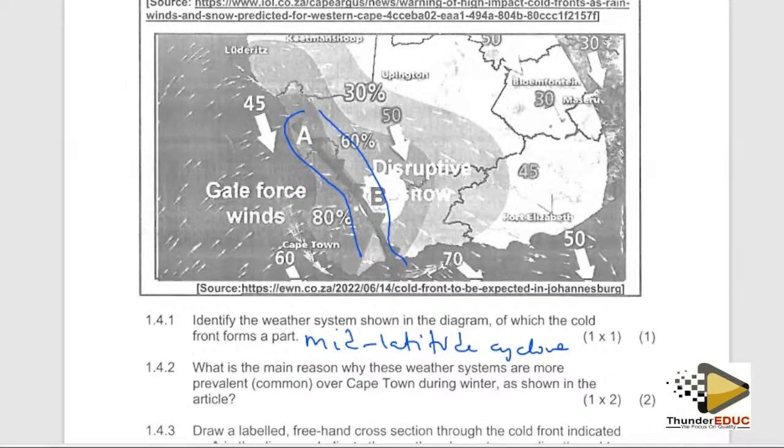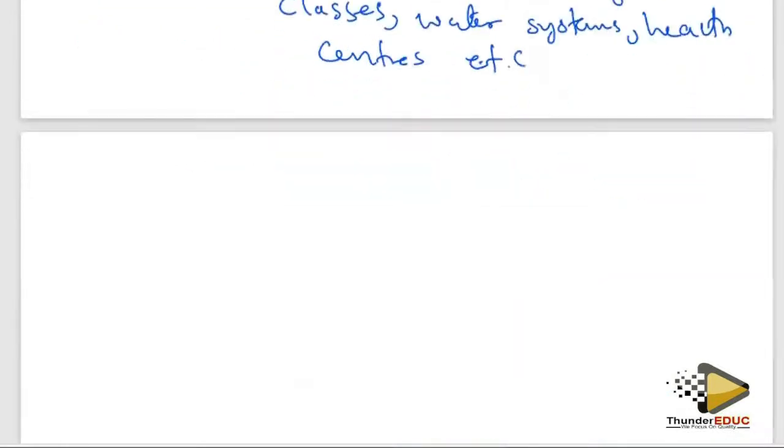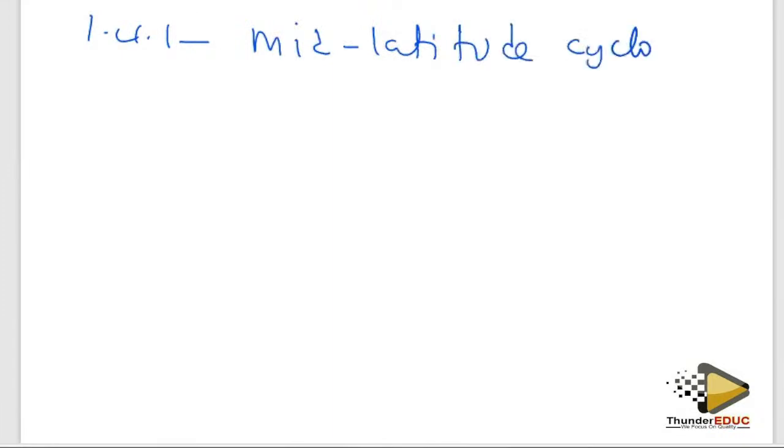1.4.2. Okay, let me write these other names for 1.4.1 just in case, for clarity. 1.4.1, we said it is part of the mid-latitude cyclone or a frontal depression.